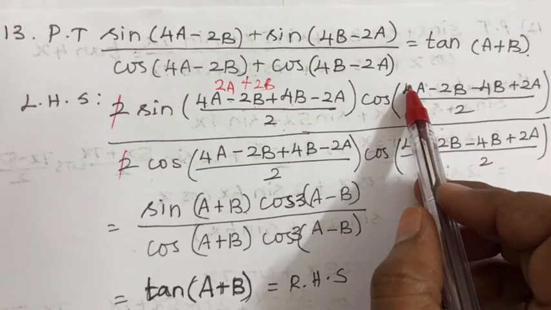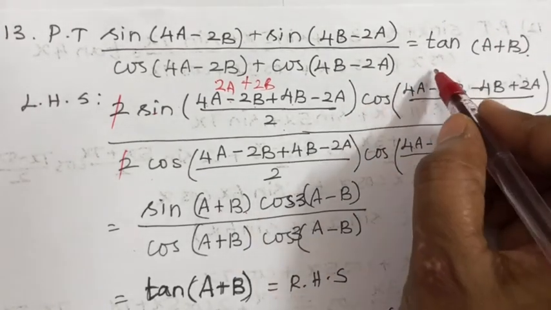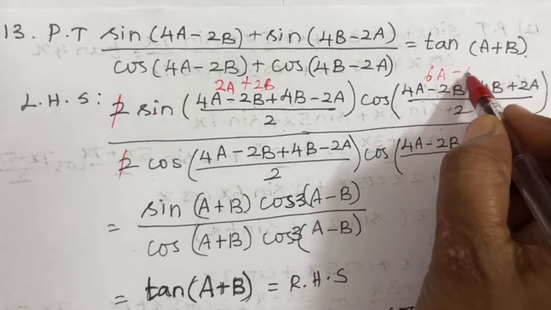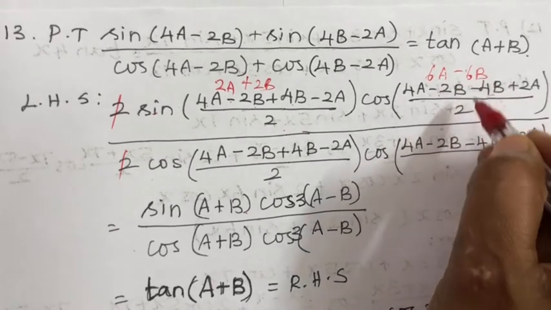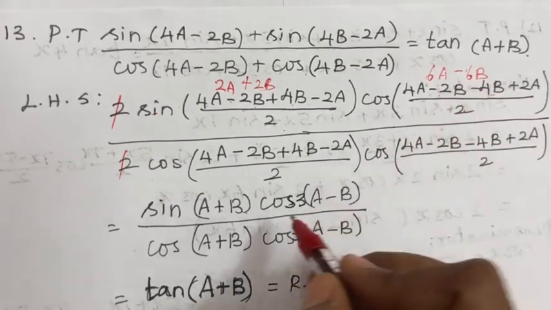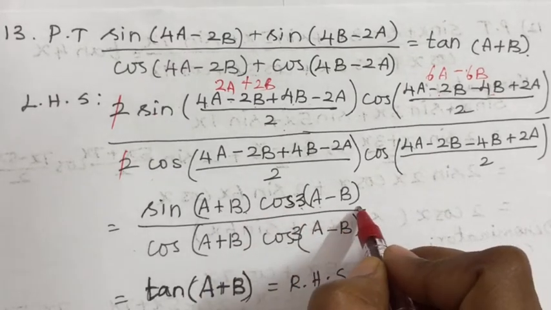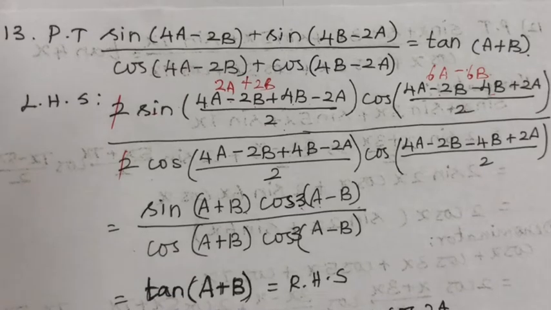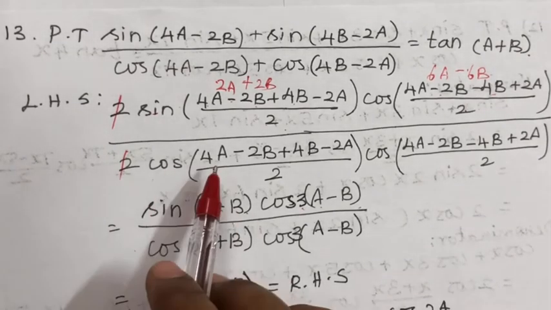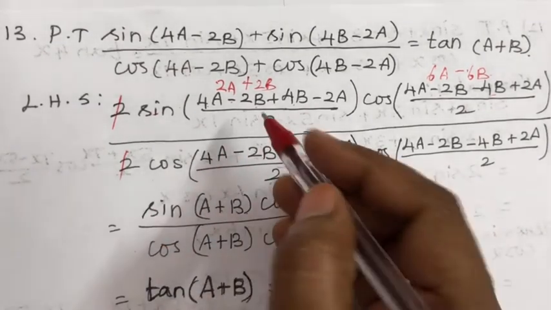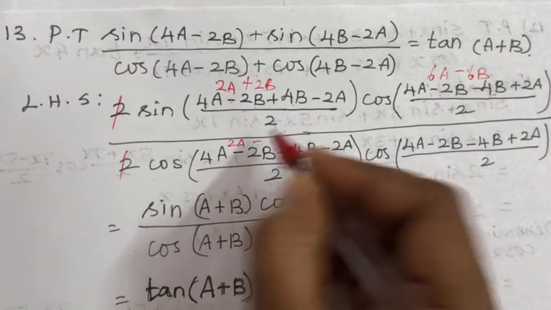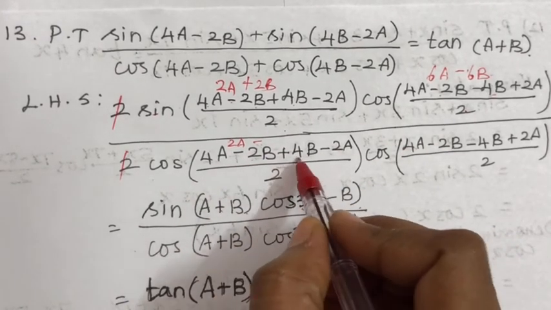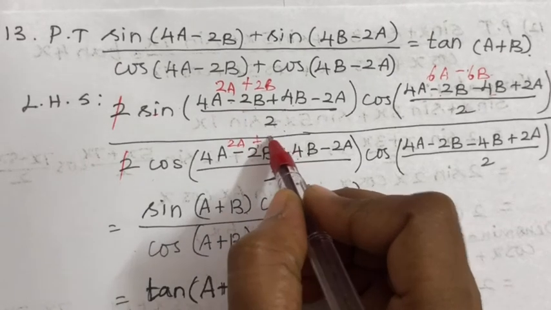Here 4a plus 2a, so 6a, minus 2b minus 4b, so minus 6b. While simplifying it with 2, I'll get cos 3 into (a minus b). Okay, 3a minus 3b, so 3 into (a minus b). Similarly here in the denominator, 4a minus 2a, that is 2a, and minus 2b plus 4b, so here plus 2b.